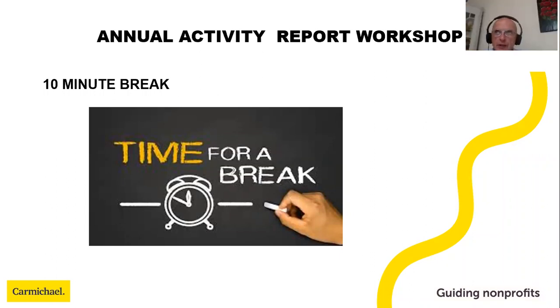Well, once it's adopted at your AGM, the first place that the report should go is up on your website, where there is a website by the organisation, and again in your reception area. And if you get an article into the local newspapers, both very local and maybe at county level.